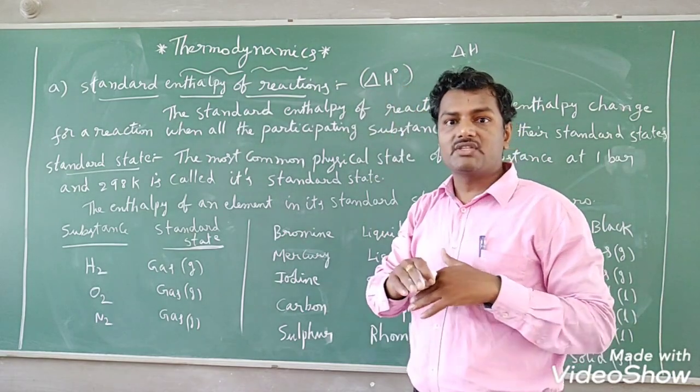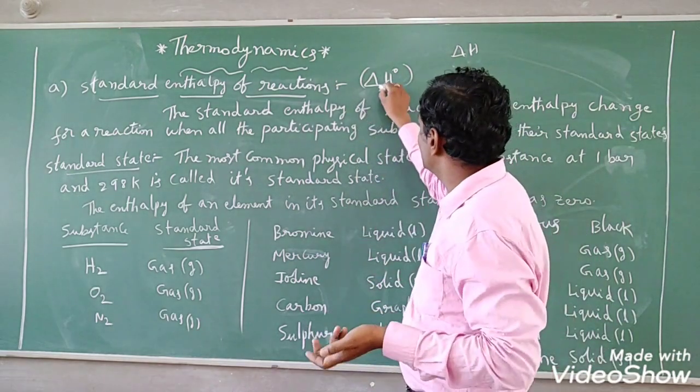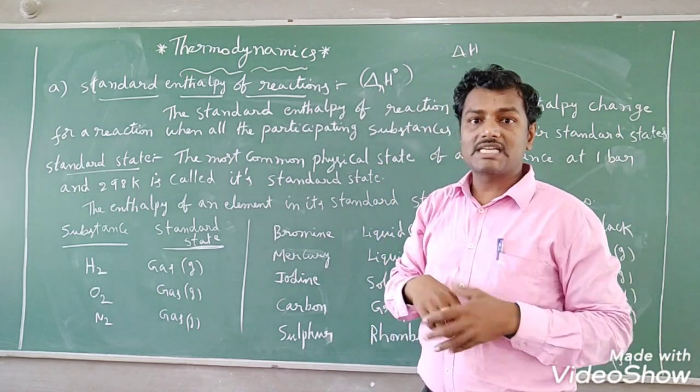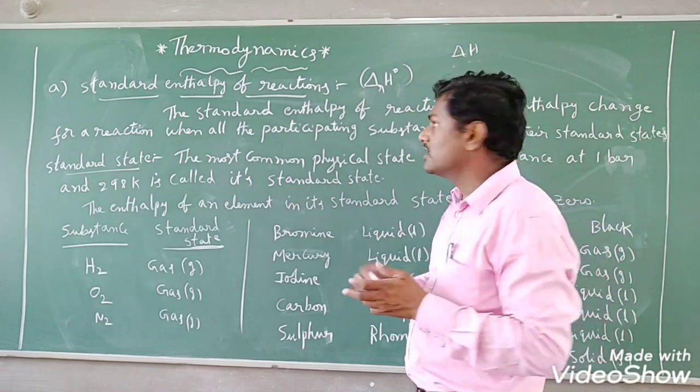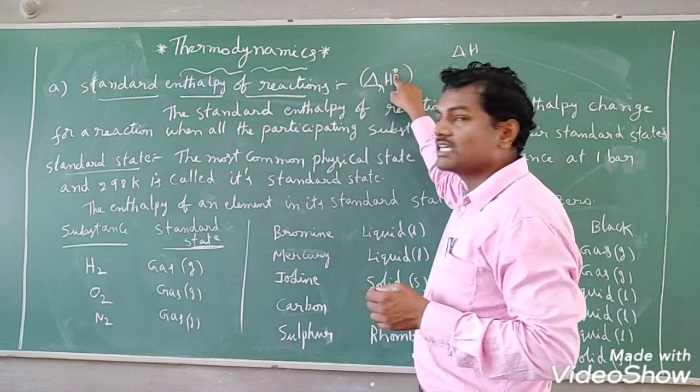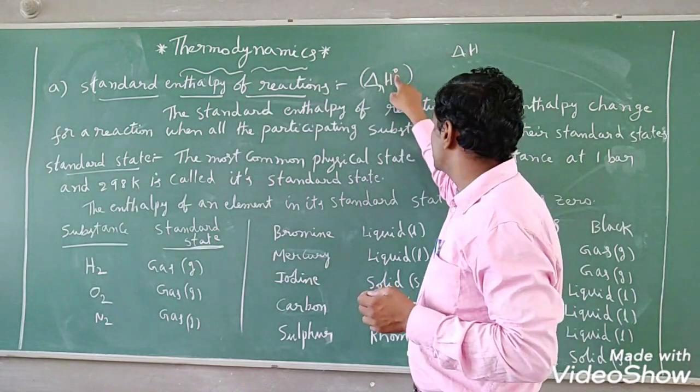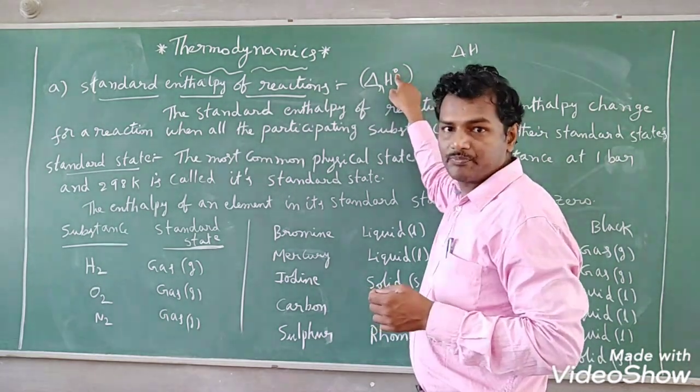If you want, you can take it with R also. Standard conditions you maintain, we represent with a dot symbol, like a bubble.